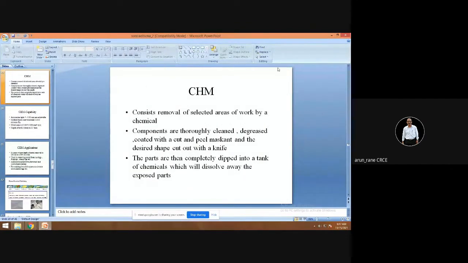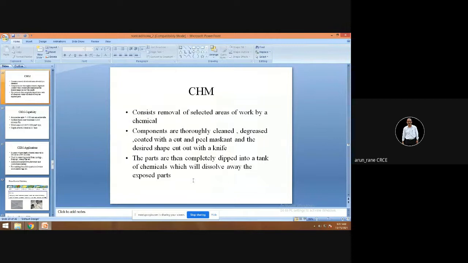So what we do is cover this entire plate with the maskant, and for that circle which is to be cut, the maskant is removed with the knife. That means wherever the maskant is there, that portion will not be cut, it remains unaffected. And wherever there is no maskant, that portion will be etched away due to the action of the chemical.